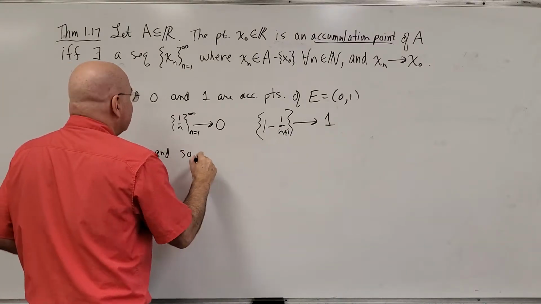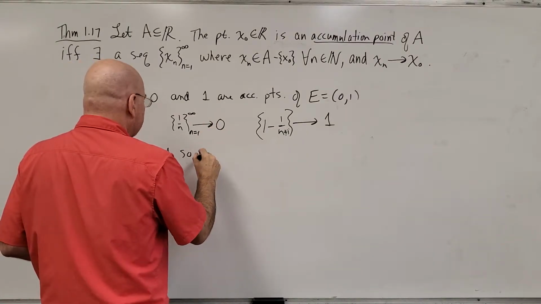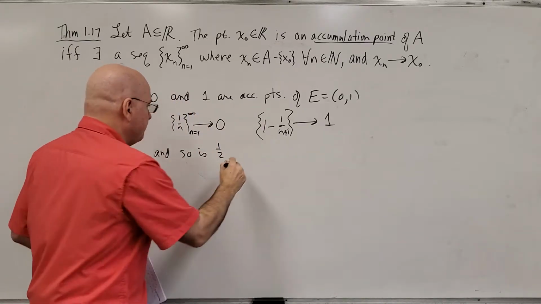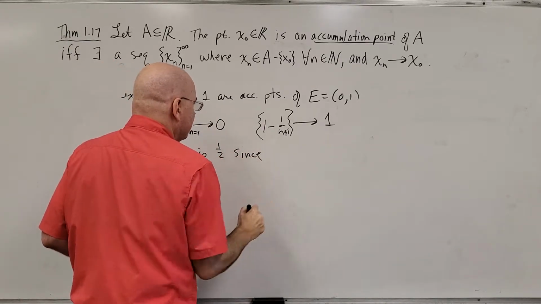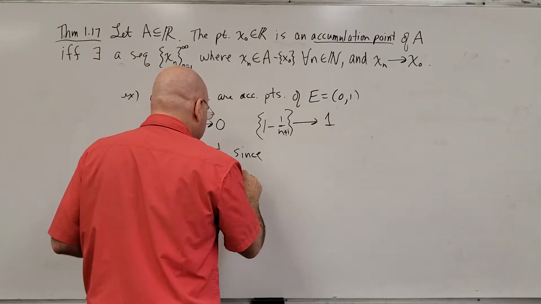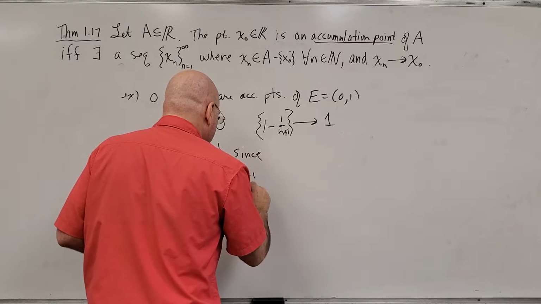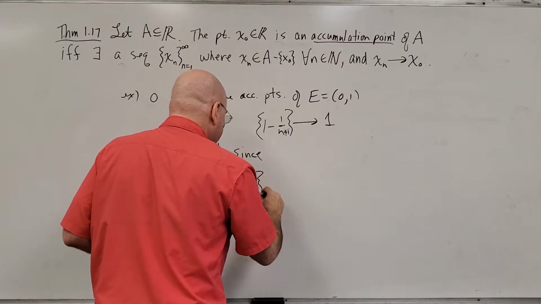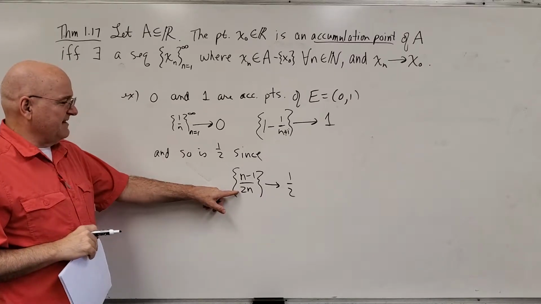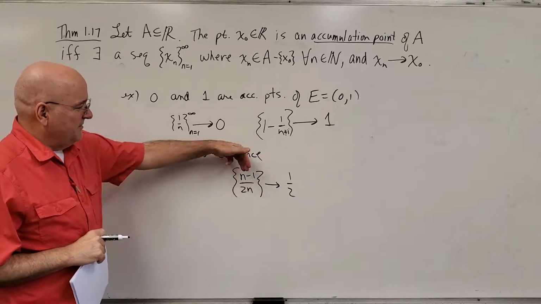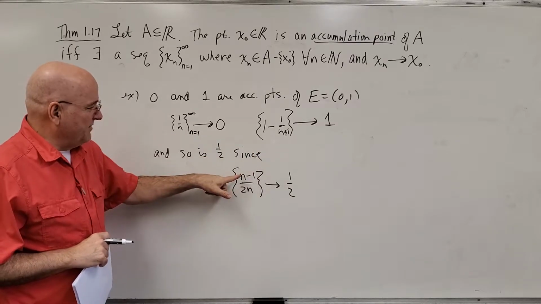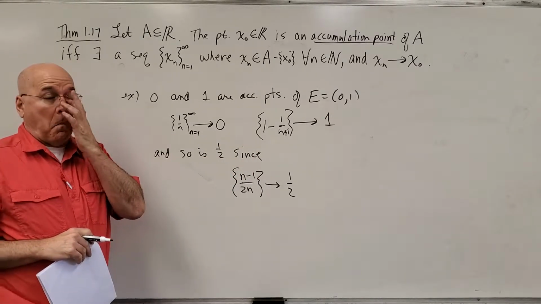And 0 and 1 are accumulation points, and so is 1/2. I wrote up a sequence here, and I could use something like that same flavor. I'm going to put n minus 1 over 2n. That converges to 1/2. We've seen a sequence that looks something like this, if not exactly this. Without that minus 1 on top, you end up with exactly 1/2.